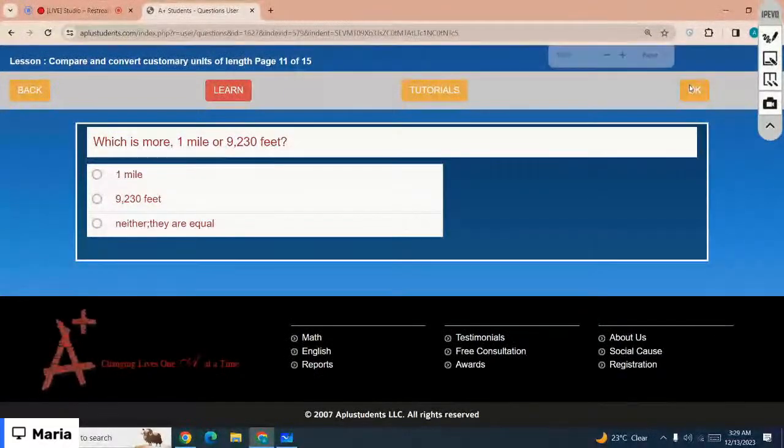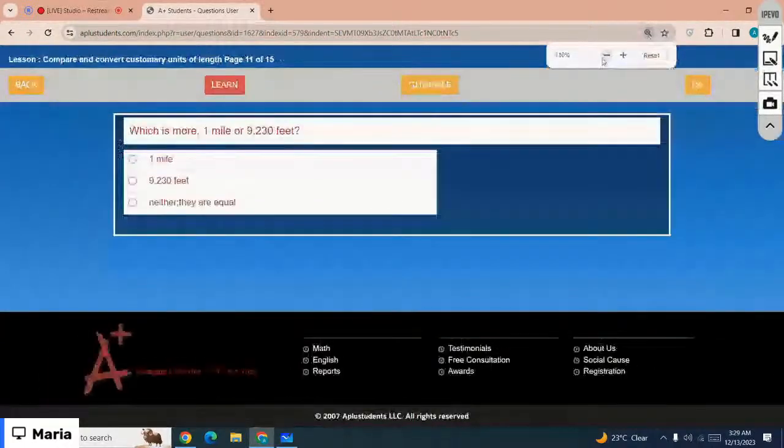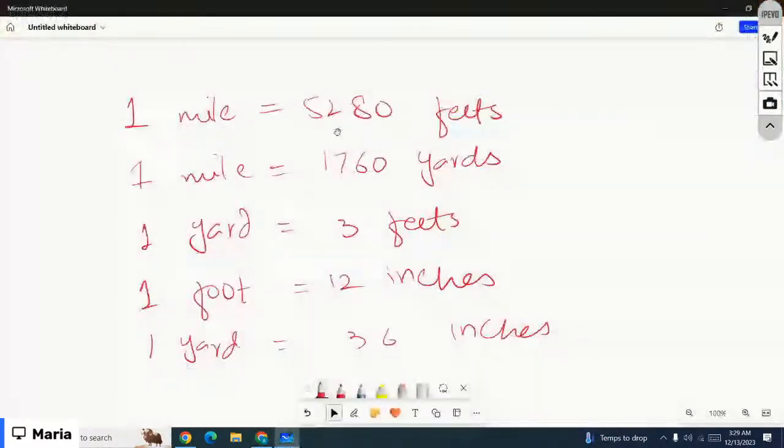Which is more, 1 mile or 9,230 feet? Which is the correct option? The correct option is obviously 9,230 feet is more because 1 mile equals 5,280 feet, right?